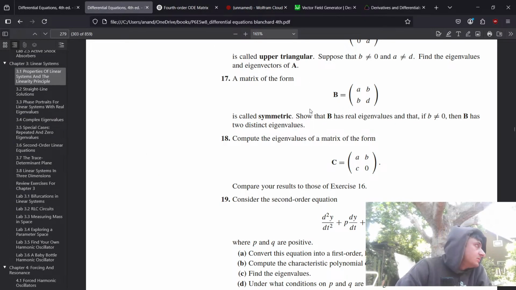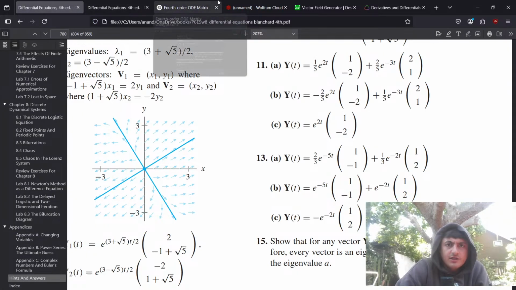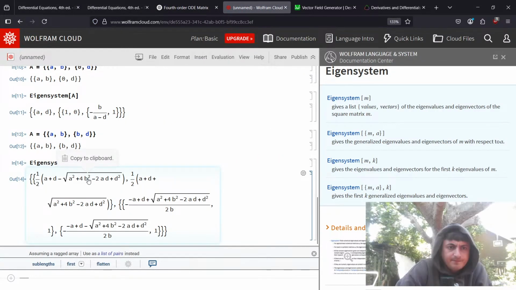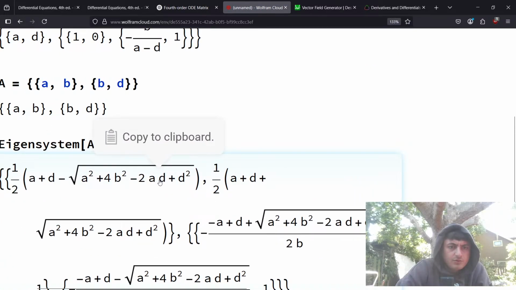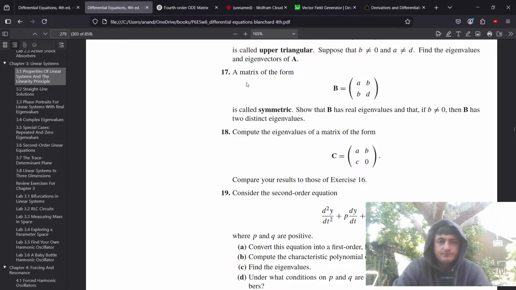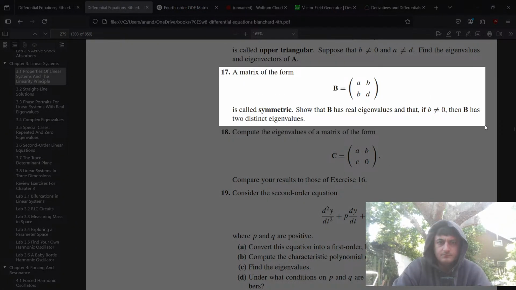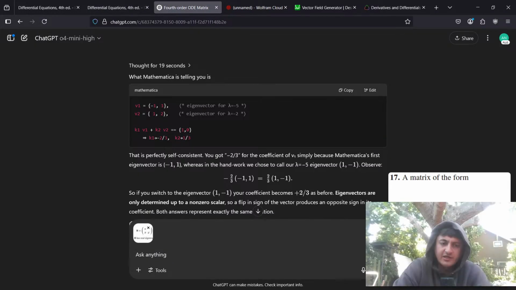The question is, B has real eigenvalues only if that quantity under the square root is positive. Oh, but you know what? Wait. That's interesting. I mean, it always comes down to the discriminant when it comes to stuff like that.